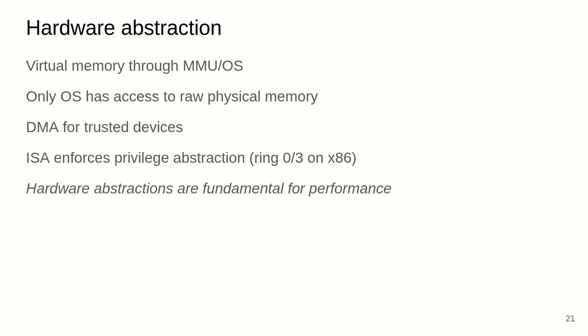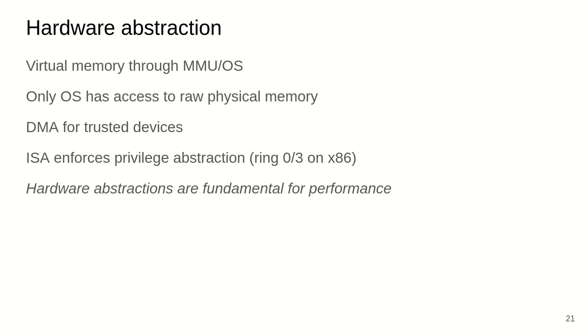So there's a set of hardware abstractions that we are using for this. We implement virtual memory through a combination of the memory management unit and the operating system, and only the operating system has access to raw physical memory. We use DMA for trusted devices to allow them to communicate and write directly to different memory areas.